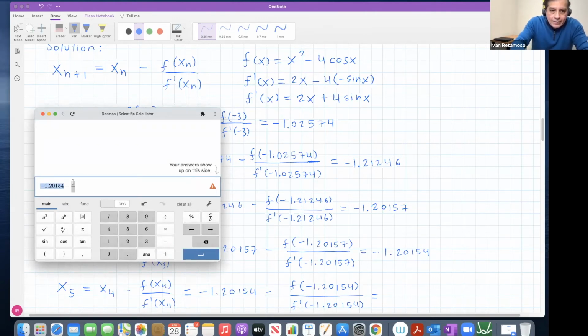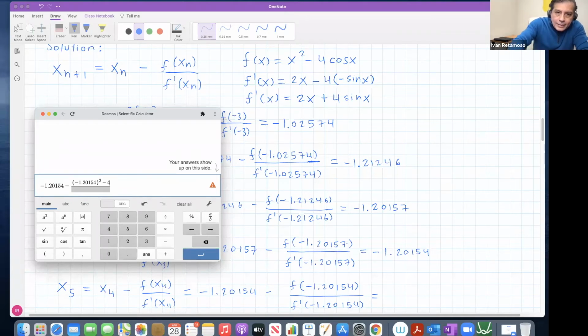Here I have to get the function squared, so I copy my value there, squared, minus 4 times cosine of x, pasting the input value.